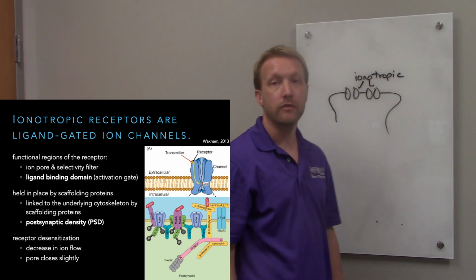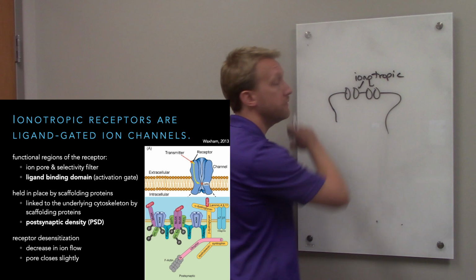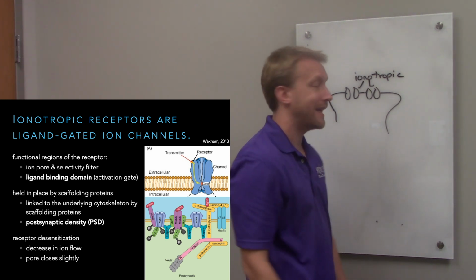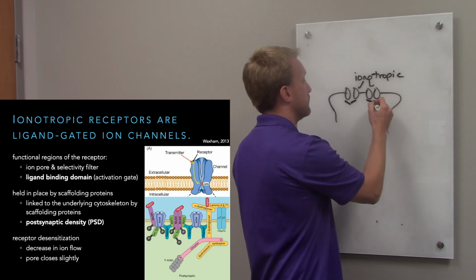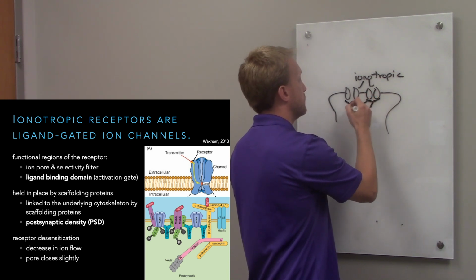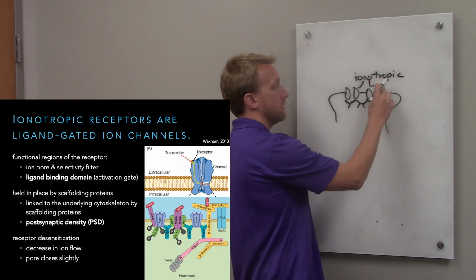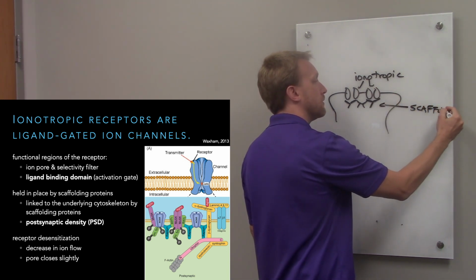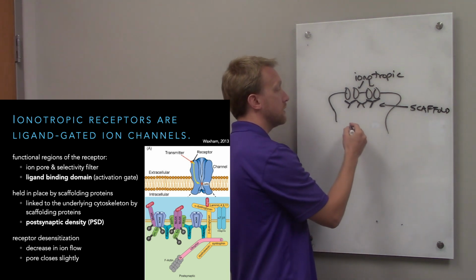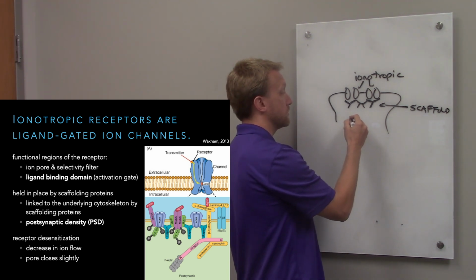And to prevent them from moving around and potentially leaving the synapse, we have scaffolding proteins that bind to each other and the channels themselves. And of course, we need to eventually link this up with the cytoskeleton.